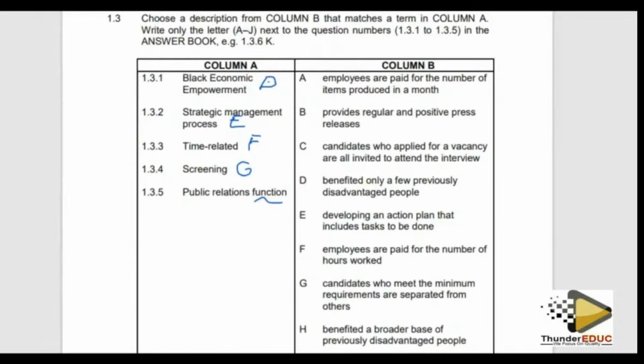So if we check the options given, the appropriate answer here is B, where it provides regular and positive press releases to the public. So our appropriate answer, grade 12, is actually B.